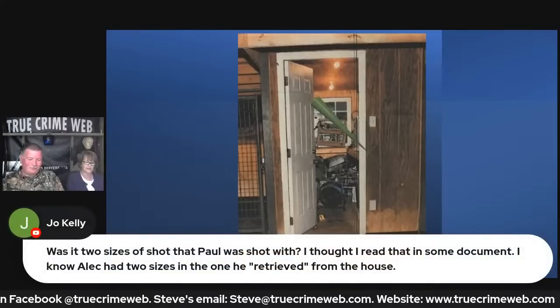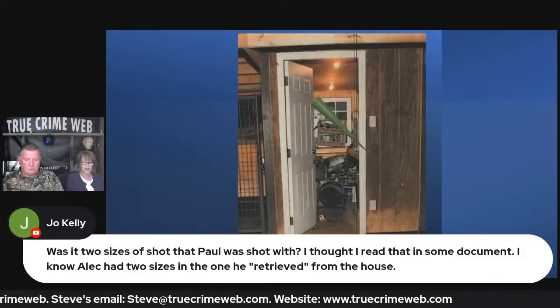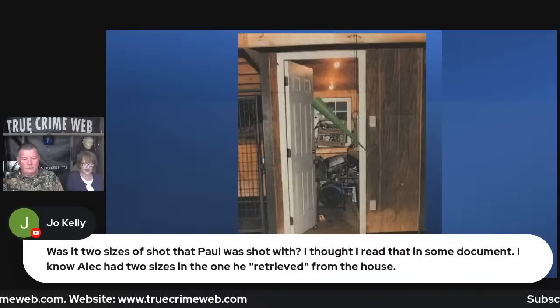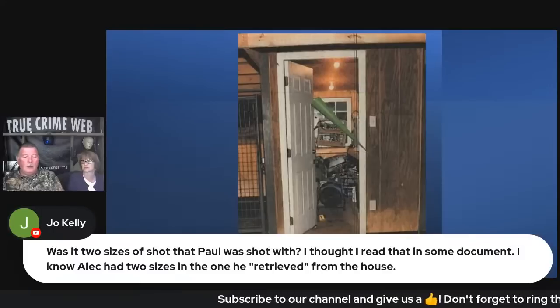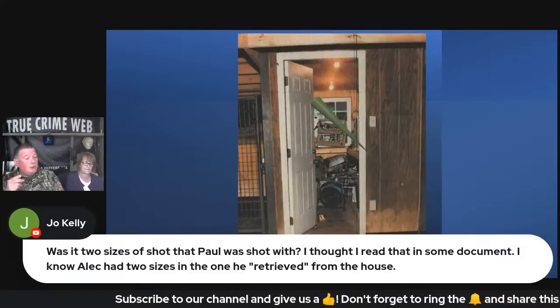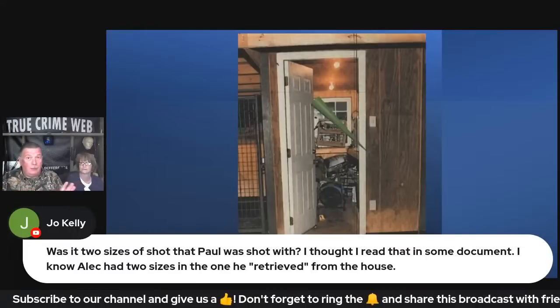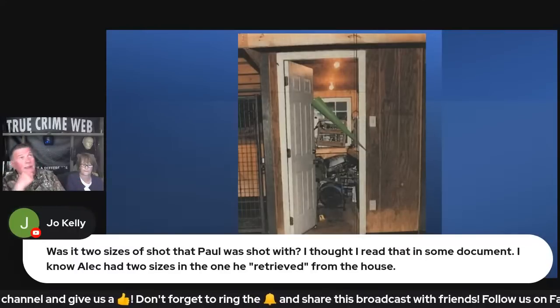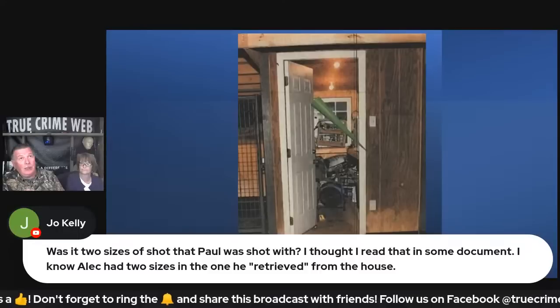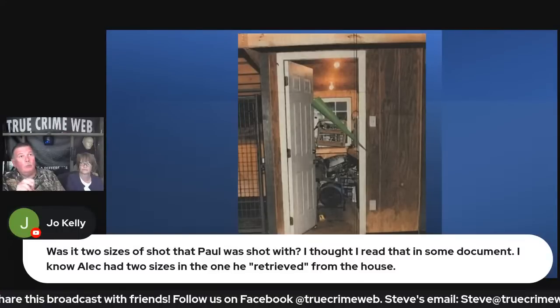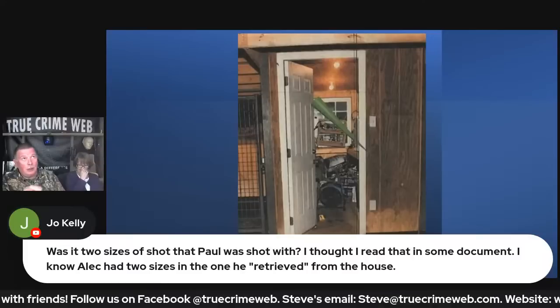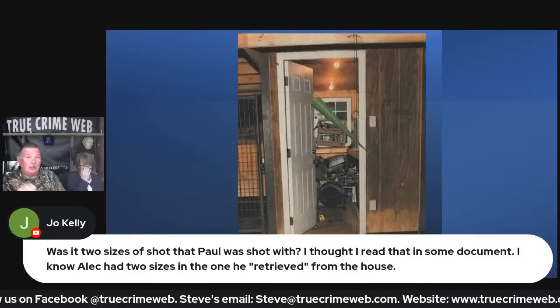All right. And Joe, were there two sizes of shot that Paul was shot with? I thought I read that in some document. I know Alex had two sizes in the shotgun he retrieved from the house. Now, regarding the two sizes, when I saw the crime scene tech testifying, she misidentified one of the recovered unspent rounds from the shotgun as a 12 gauge when it was a 16 gauge.